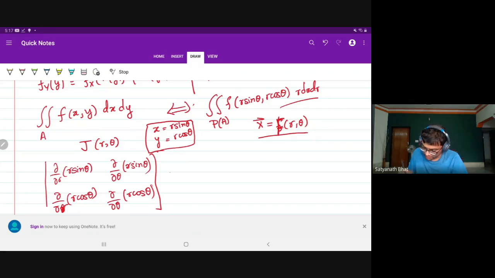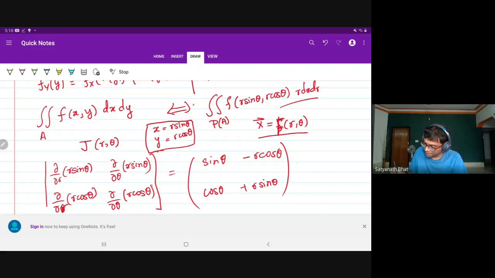If I take the derivatives correctly, this will be sine theta, this will be cos theta, this will be minus r cos theta, and this will be plus r sin theta. If you take the determinant of this, it will be r. So this is where this r comes in, and you have seen this already.